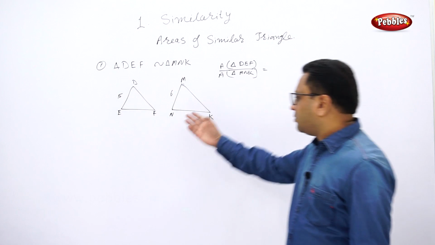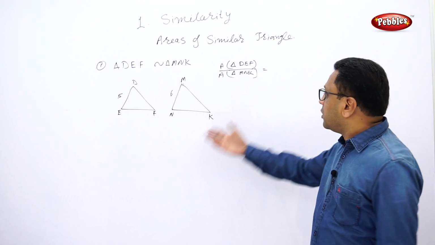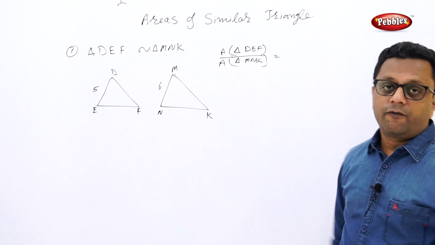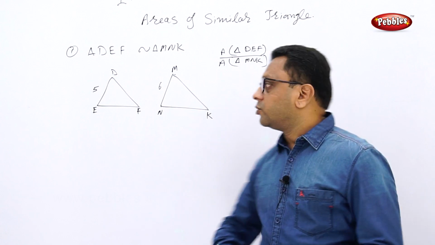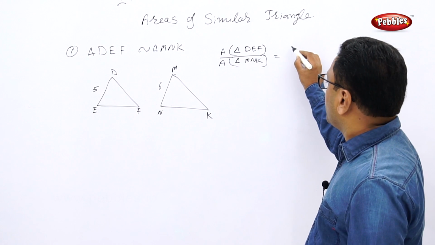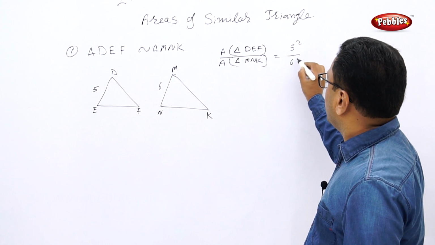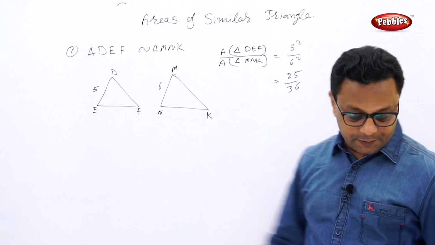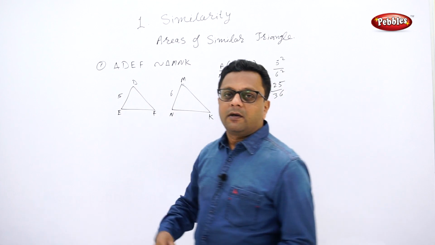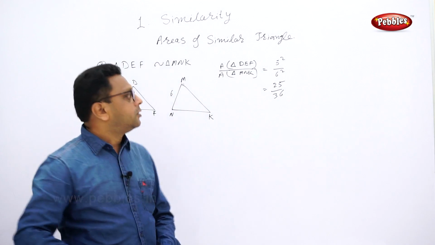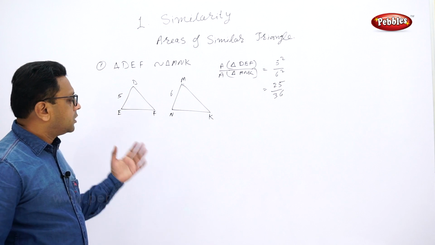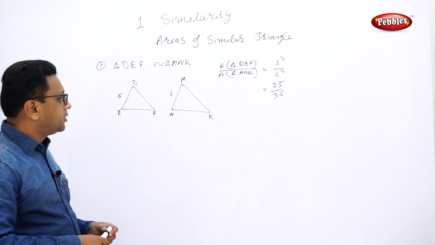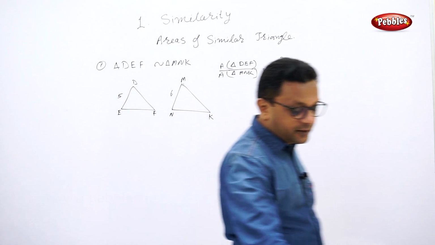So I don't think I should solve this, because we know that the ratio of areas of triangles is equal to the ratio of squares of the sides. So this is nothing but equal to 5 square upon 6 square, 25 upon 36. Very simple example. Actually I should not have shown this, but still, don't expect such a simple example to come in your papers. Let us go ahead and solve the next example.